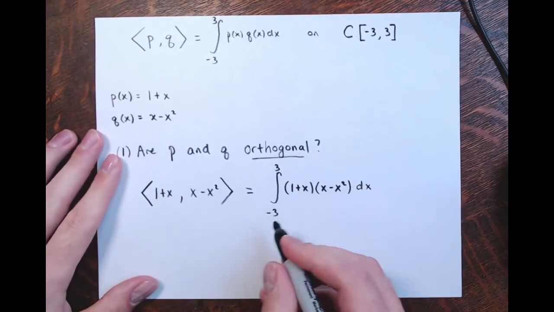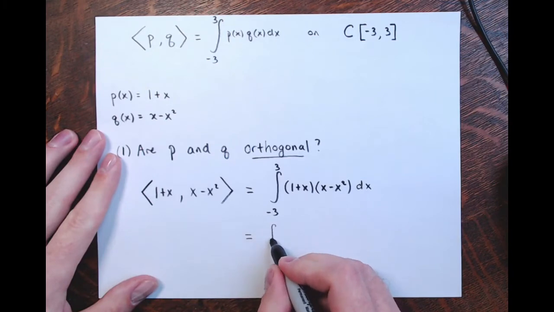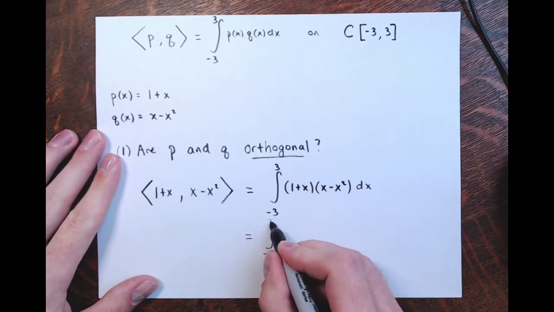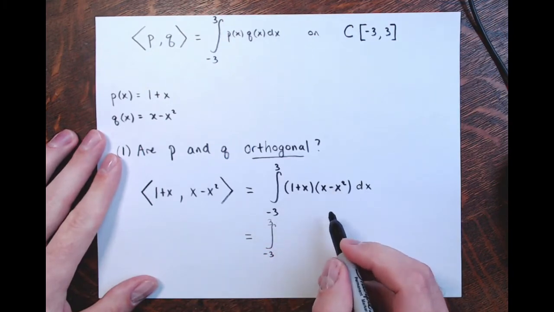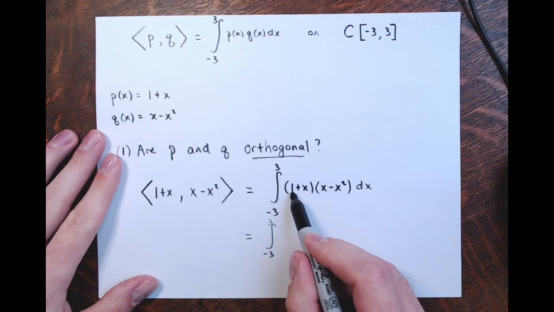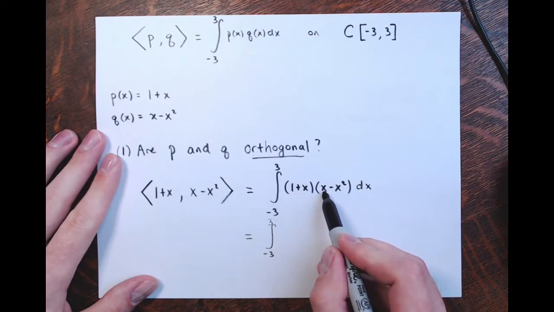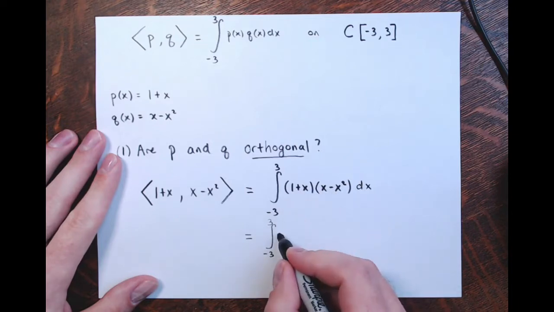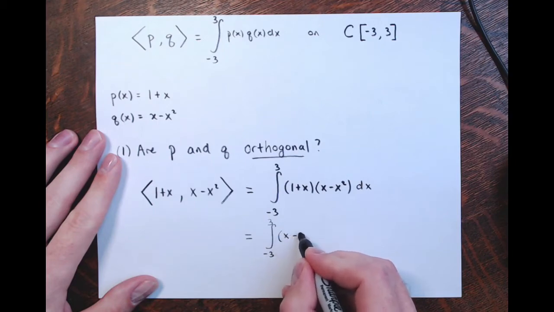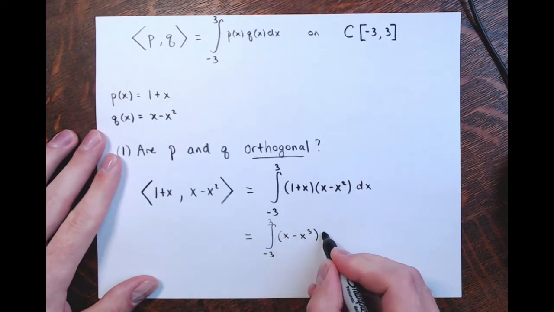Now this product here, if I were to multiply this out, you'd have x minus x squared plus x squared, so the x squareds would be gone, and then minus x cubed. So this is just x minus x cubed with respect to x.